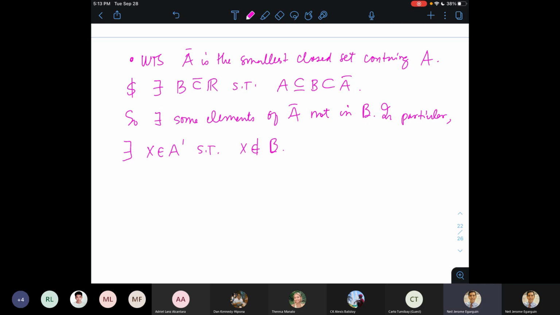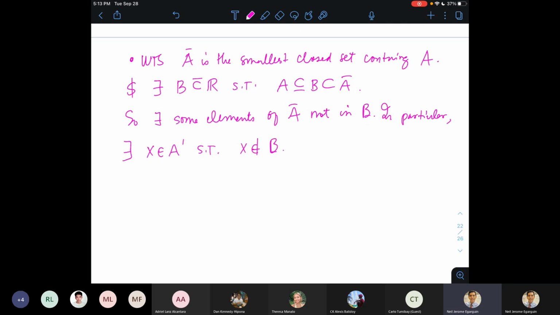Kung bakit ko na-conclude yan? So merong isang limit point si A na wala kay set B. Kasi otherwise, kung lahat ng limit points ni A ay na kay B, so si B, hindi na siya proper subset ni A bar. And we'll try to draw up a contradiction from this statement.